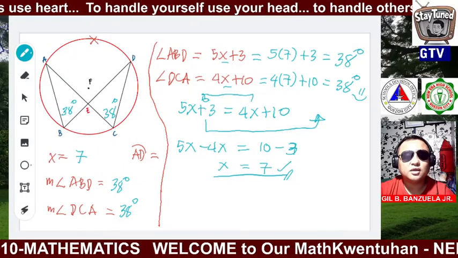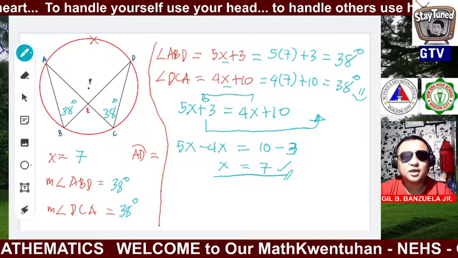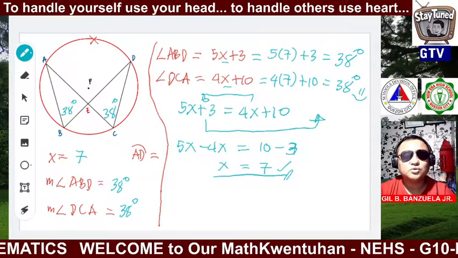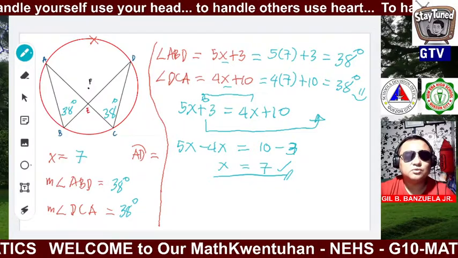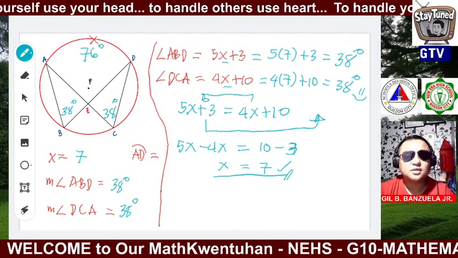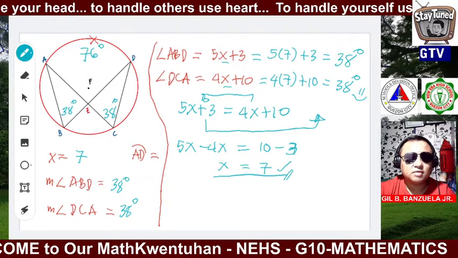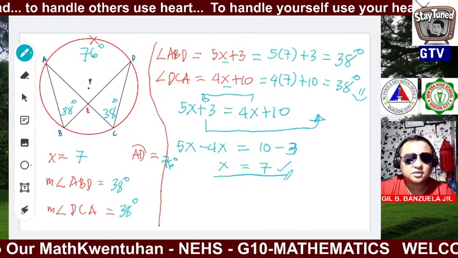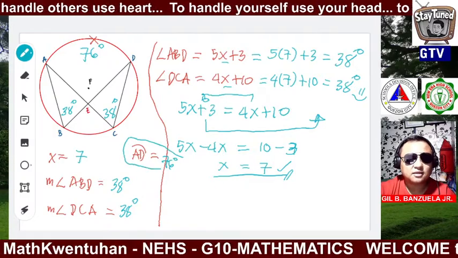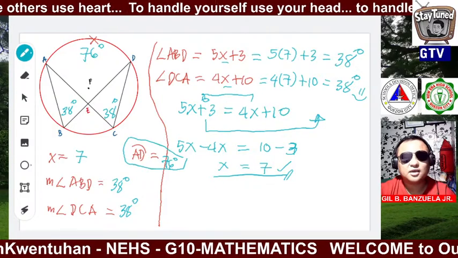So therefore, ita-times 2 lang natin yung 38. So 38 times 2, that is equal to 76 degrees. So therefore, arc AD is equal to 76 degrees. Ayan.